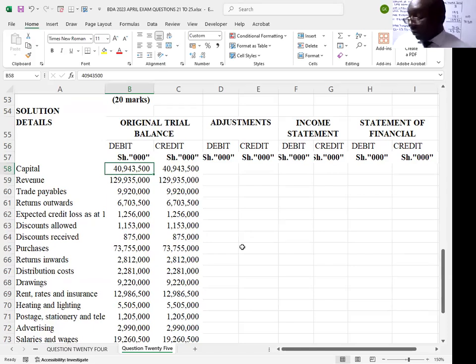Hey, good people. You are almost qualified to be very senior accountants. Capital is credit, so you delete that. Revenue, debit or credit?